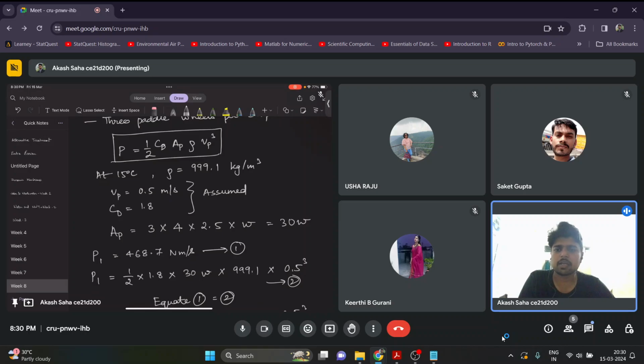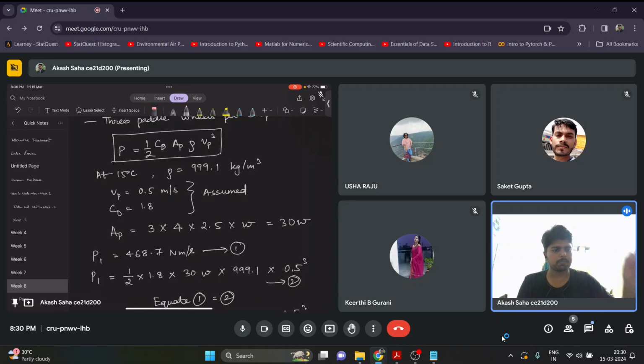The only thing remaining was AP, area of paddle. So area of paddle was three paddle wheels per compartment into four paddles into 2.5 was my length, and width was W. So total area will be 30W.